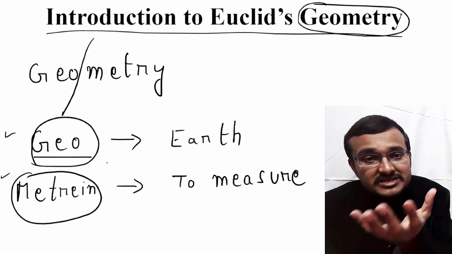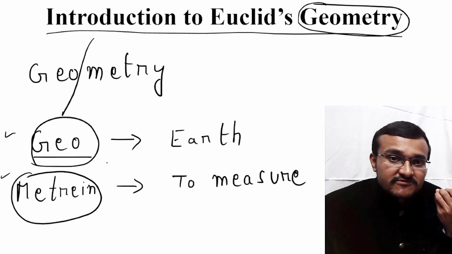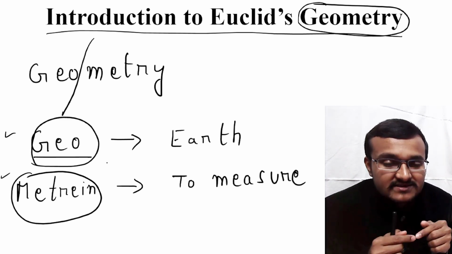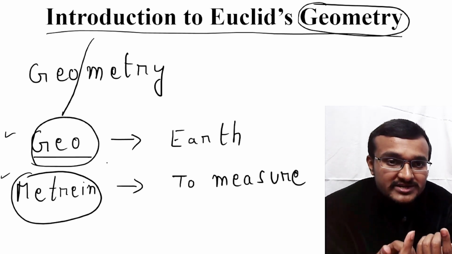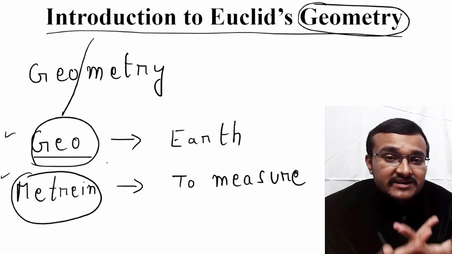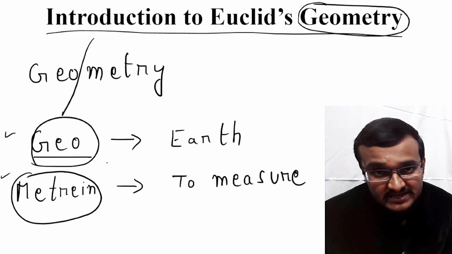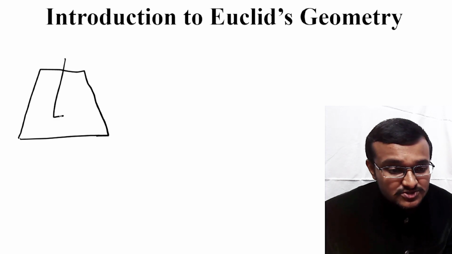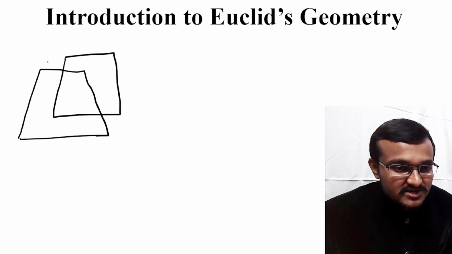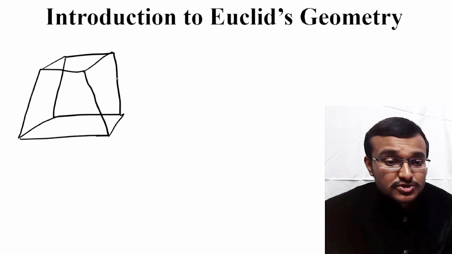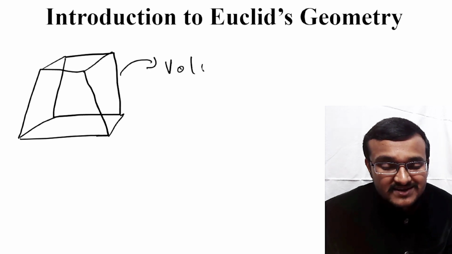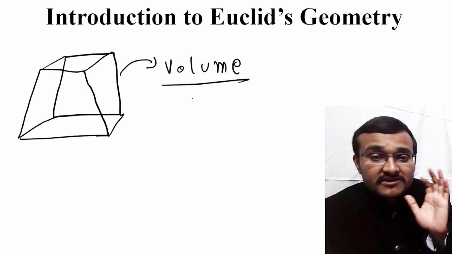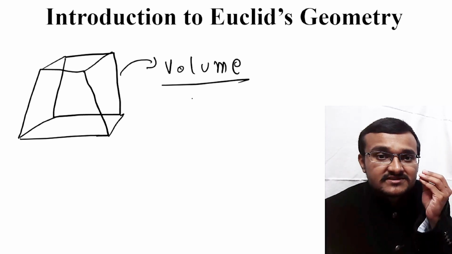Slowly, starting from the measurement of land, the same geometry was used to measure many different objects and shapes around us. There is something called a truncated pyramid, which looks similar to this image which I am drawing here. To calculate the volume of this kind of truncated pyramid, even the Egyptians used a particular formula which gives the correct volume.